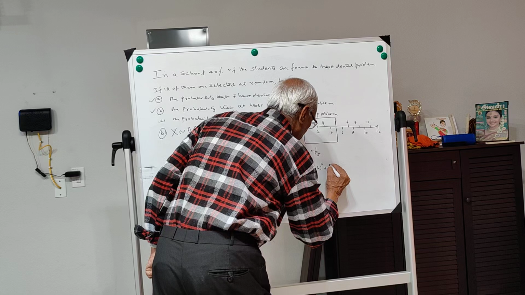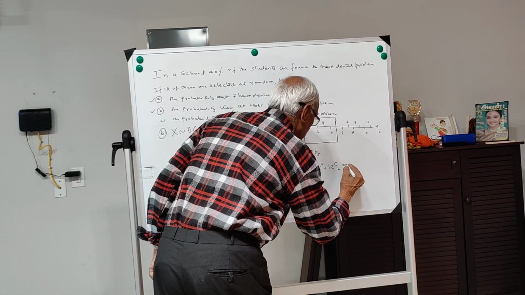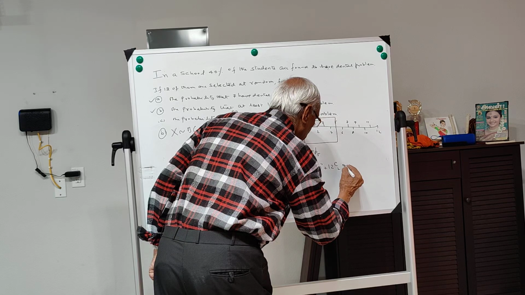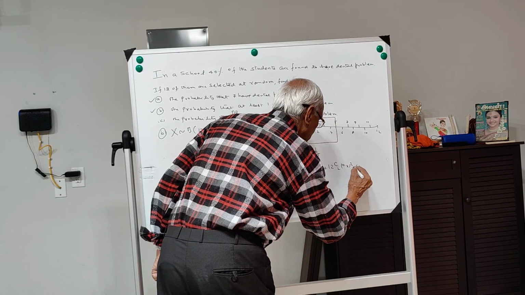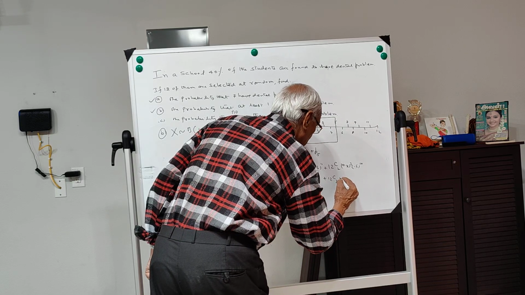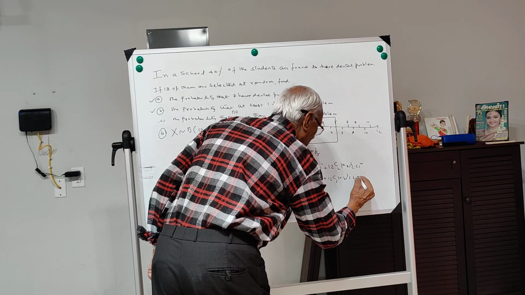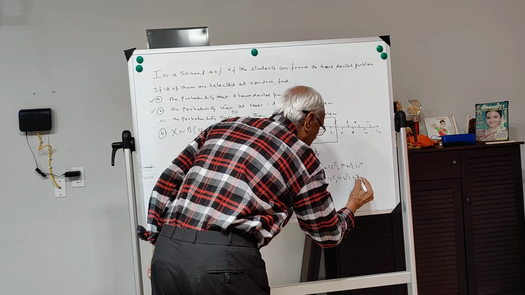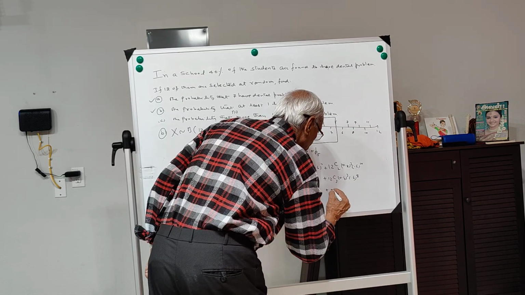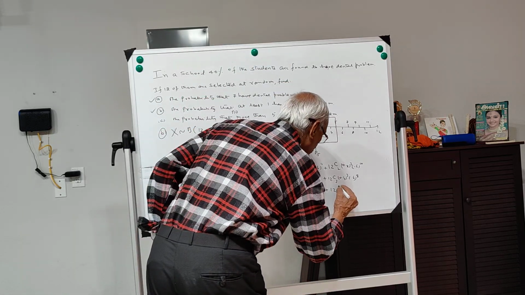Plus 12C2, 0.4 to the power of 2, 0.6 to the power of 10, plus 12C3, 0.4 to the power of 3, and so on, 12C4.